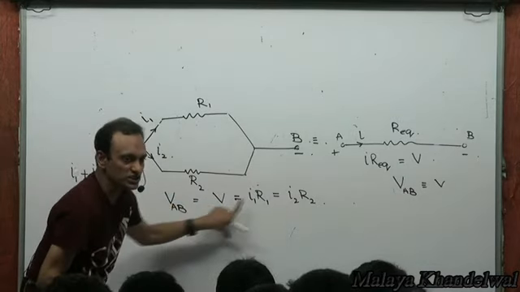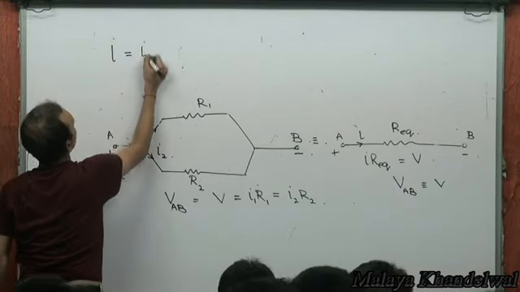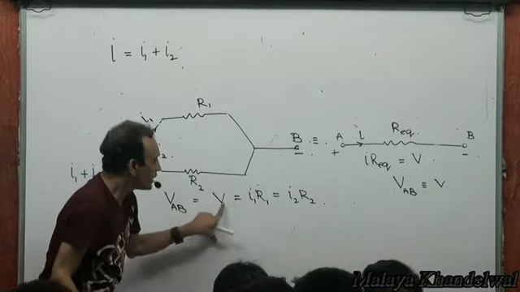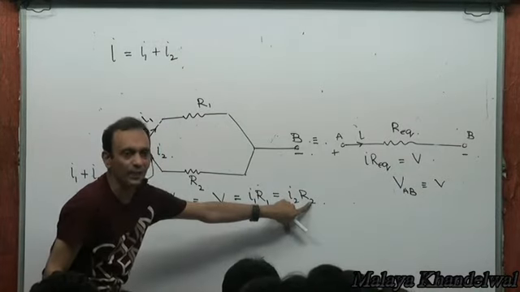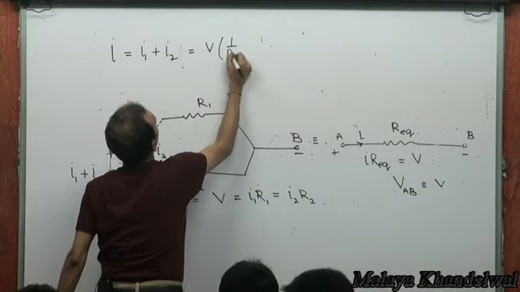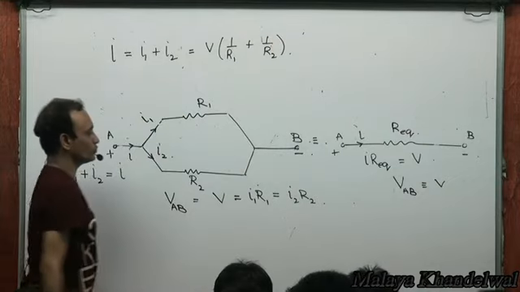from this equation, I, which is the total current, is I1 plus I2. I1 is V by R1, I2 is V by R2. So, V into 1 by R1 plus 1 by R2. Yes or no?